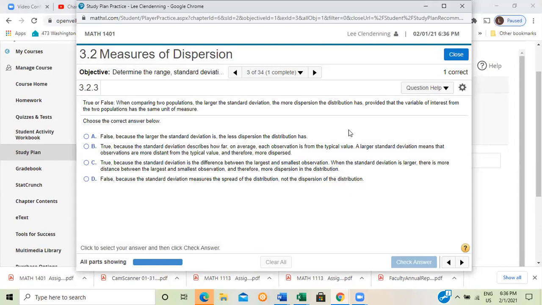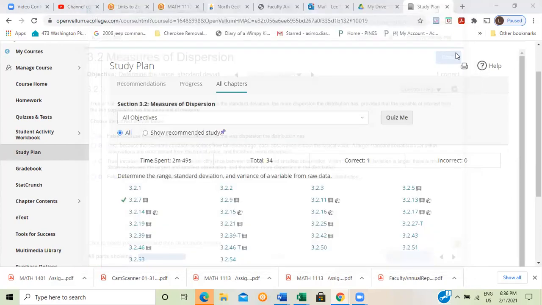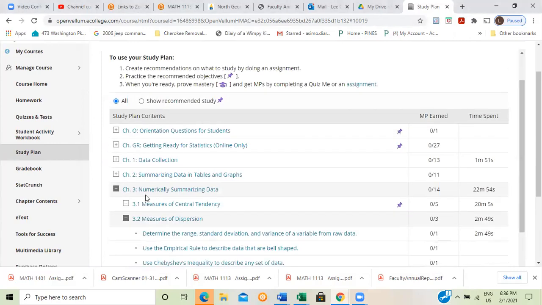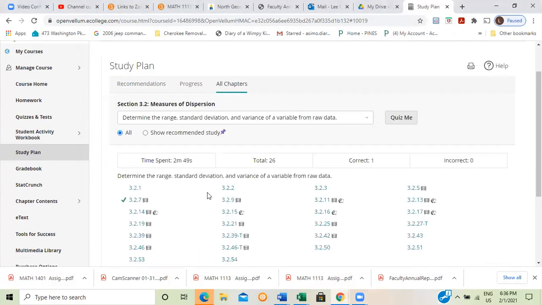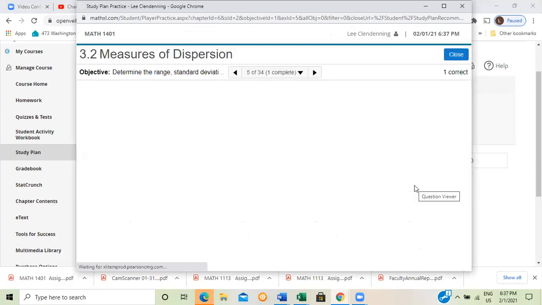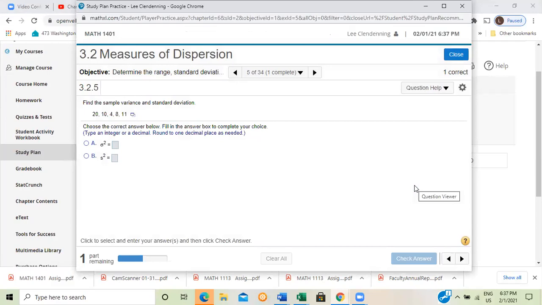No, dadgum. Let's make it 3.2.5. Okay, let's see this. Okay, find... the data is 20, 10, 4, 8, and 11.